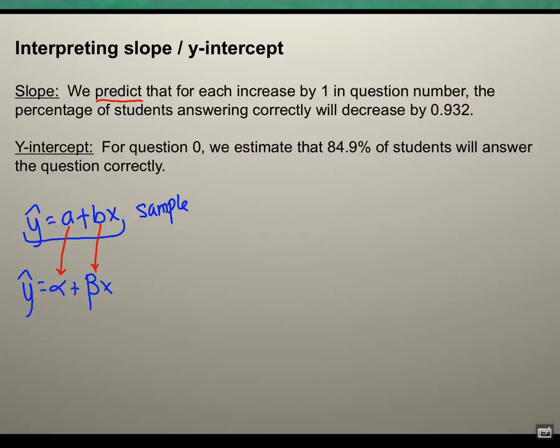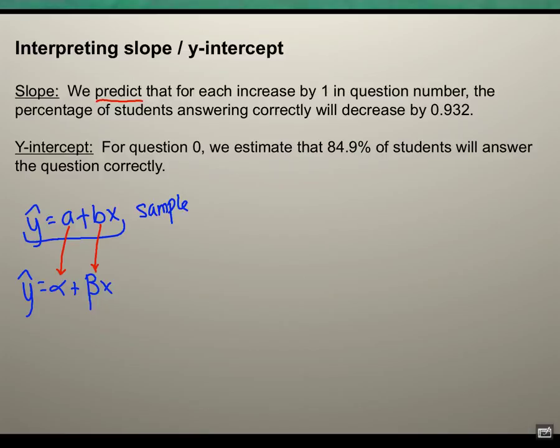They just come from a sample. So slope is the predicted increase in y when x increases by 1. In context, we predict that when question number increases by 1, the percentage of students answering the question correctly is going to decrease by 0.932. And the y-intercept is the prediction when the question is 0: we estimate that 84.9% of students will answer the question correctly.